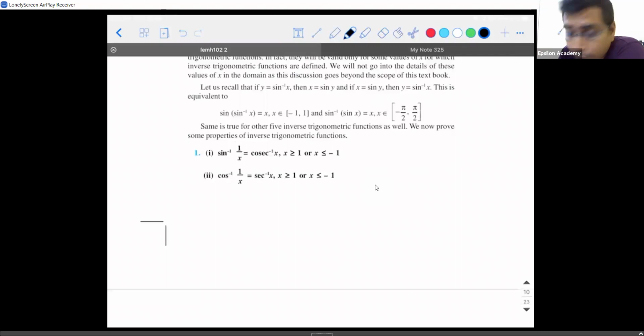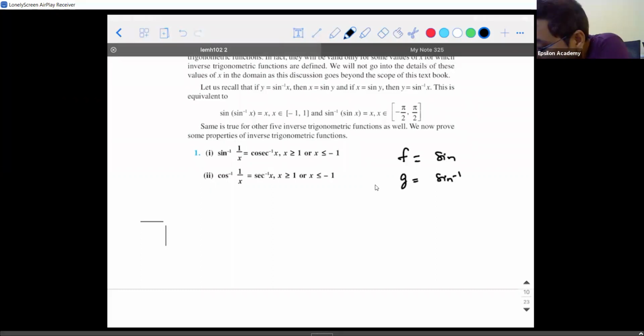So yesterday I told you one important point. If f is equal to sine and g is equal to sine inverse, then f circle g will give me x, right? I'm stressing on this point.